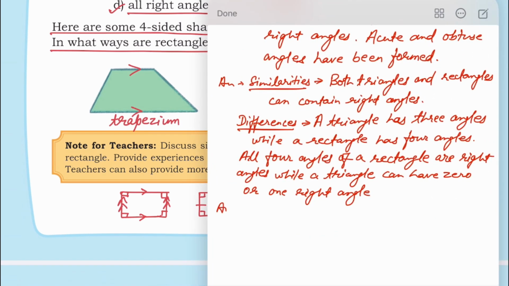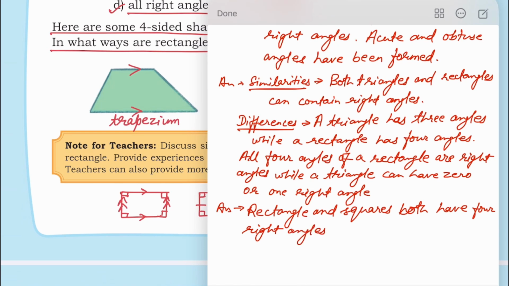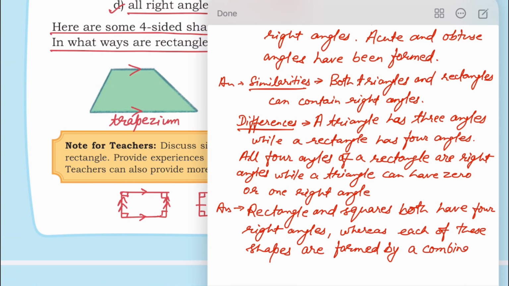You can write like this: rectangles and squares both have four right angles, whereas each of these shapes is formed by a combination of acute and obtuse angles.